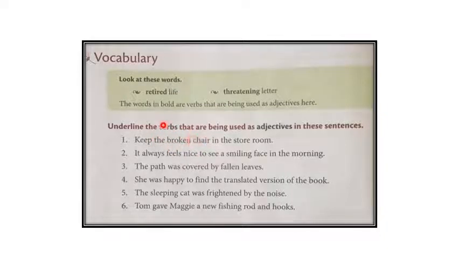So the word broken in this sentence does not function as a verb, but instead it is functioning like an adjective. Similarly, you have to find the verbs that are used as adjectives in all these sentences.